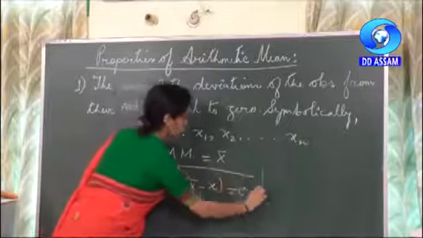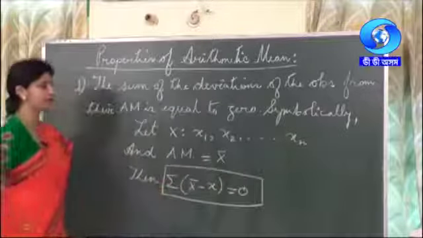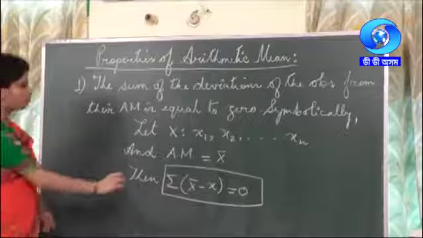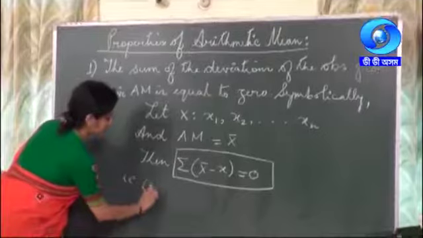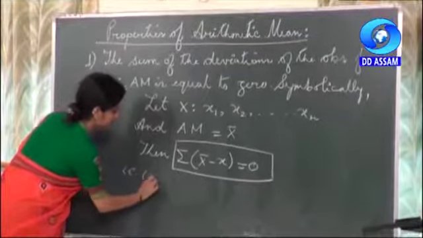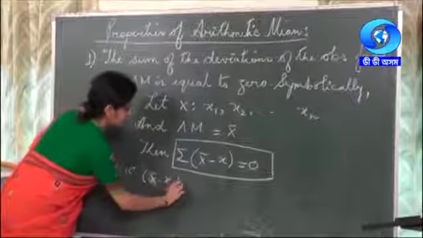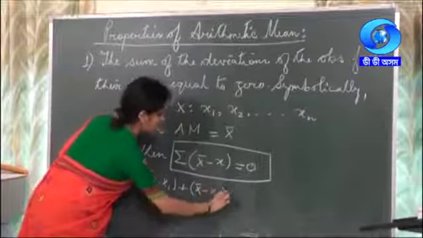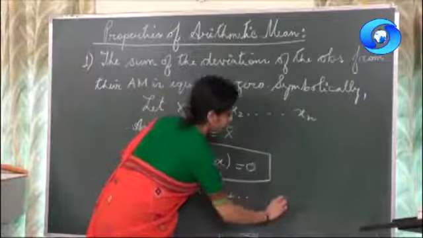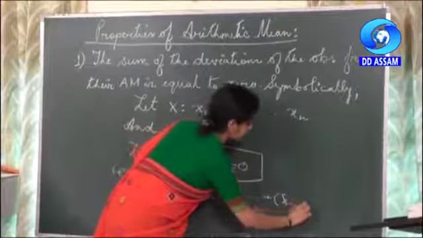That is, if we take deviations of the items from the arithmetic mean, that is x bar minus x1 plus x bar minus x2 plus etc. up to x bar minus xn.